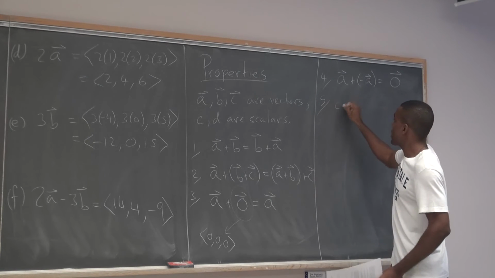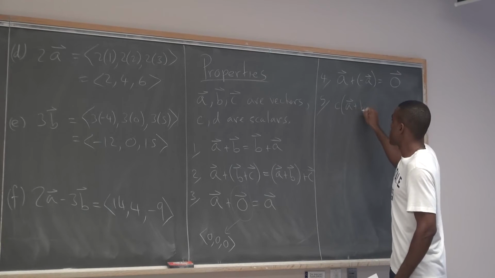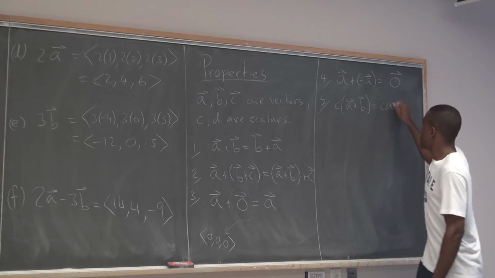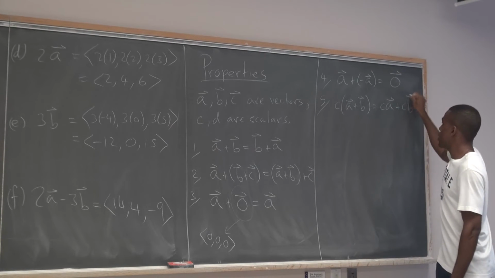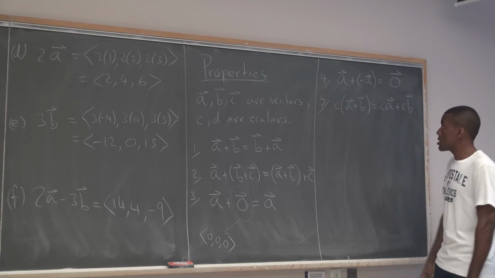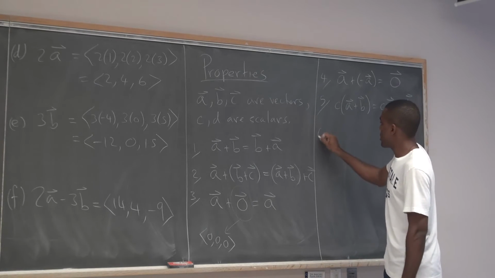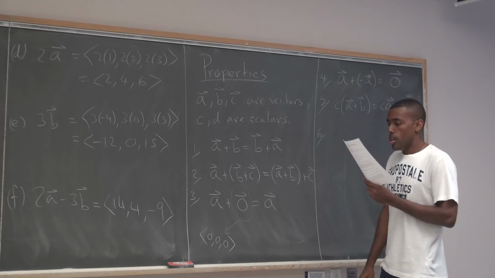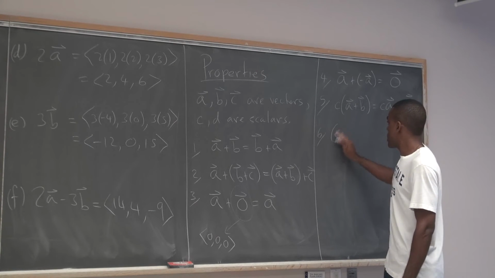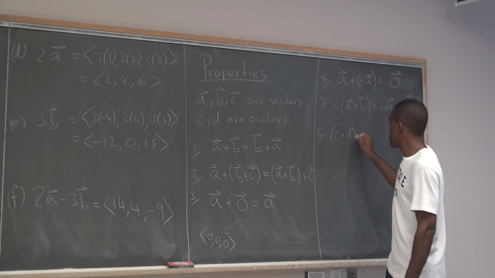If I take a scalar times a sum of vectors, it's the same. I can apply the distributive law with scalars. It's the same as taking the scalar of A and adding it to the scalar of B. It works when I have two scalars as well.